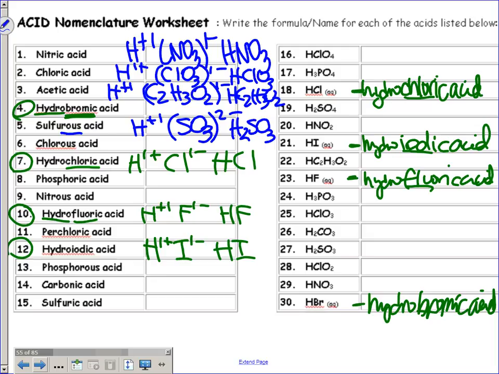Help each other out in your groups too. I'm going to help by writing answers on the board, but you guys talk to each other.